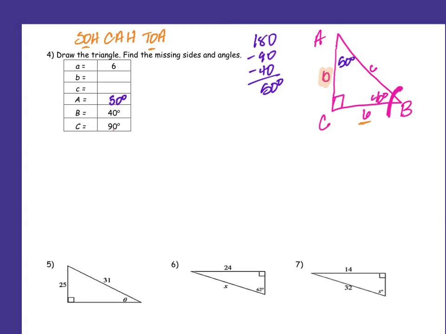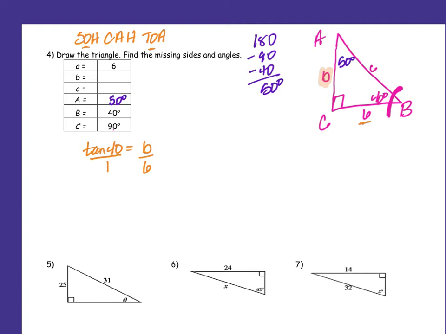So I have a function that says tangent of 40 equals, tangent equals opposite over adjacent, which equals B over 6. Okay? And I'm just going to make this into a fraction by putting a 1 underneath it.